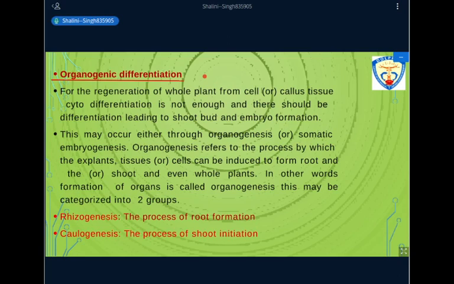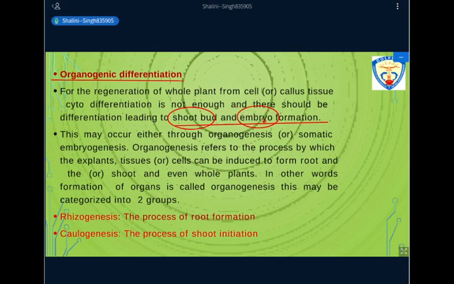For the regeneration of a whole plant from cell or callus tissue, cytodifferentiation is not enough, and there should be differentiation leading to shoot, bud and embryo formation. That means, as we have already discussed, either there should be organogenesis or embryogenesis. Either there should be shoot formation or an embryo-like structure formed from your explant.